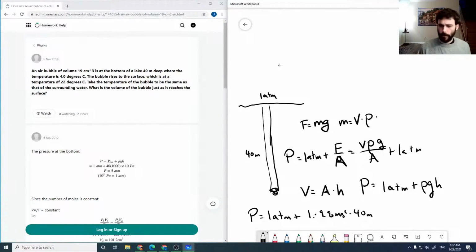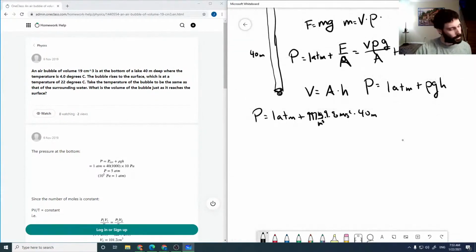Oh, sorry, I'm not going to use 1. Now I see what I wrote there. 997 kilograms per meter cubed is what I'm going to use. There we go. Okay, so now my units are a little bit funny here.